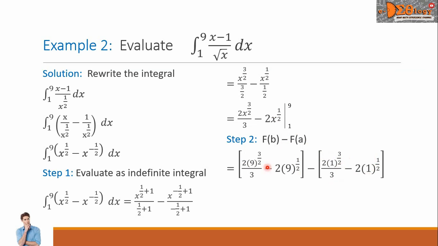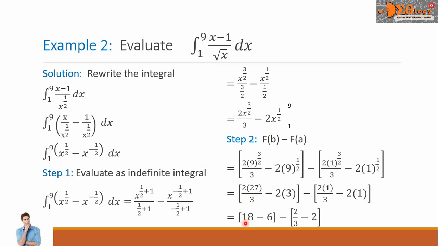Simplifying further, 9 raised to 3 over 2 can be simplified into 27. 9 raised to 1/2 is 3. 1 raised to 3 over 2 is simply 1, and 1 raised to 1/2 is 1. You see here the 27 and 3 can be simplified into 9, and 9 times 2 is 18.